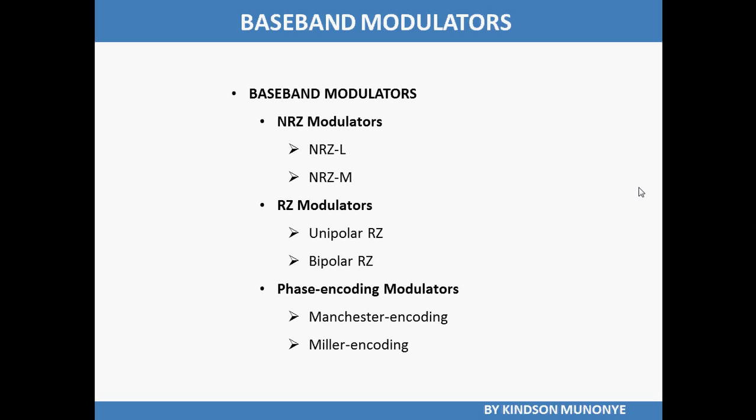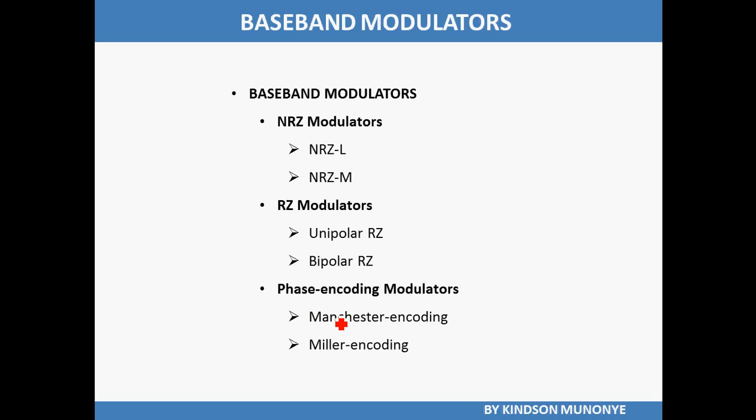Just a recap, you see on the slide here the various types of baseband modulators, the three categories. We have the NRZ modulator, RZ modulator, and phase-encoded modulators. NRZ, we have two types, NRZ-L and NRZ-M. Then RZ modulators: unipolar RZ and bipolar RZ.